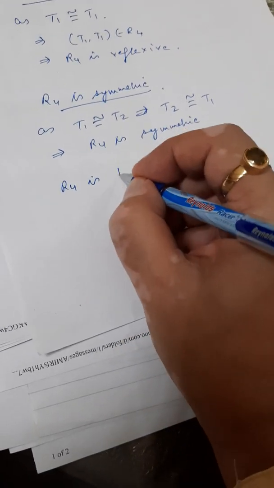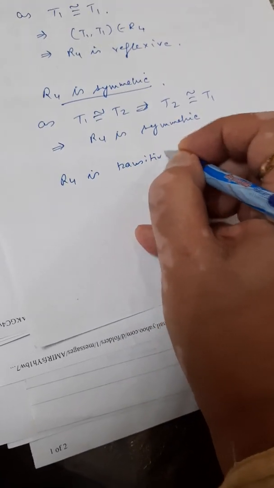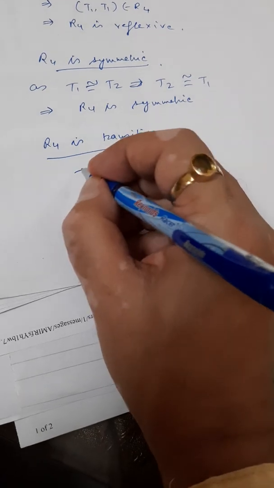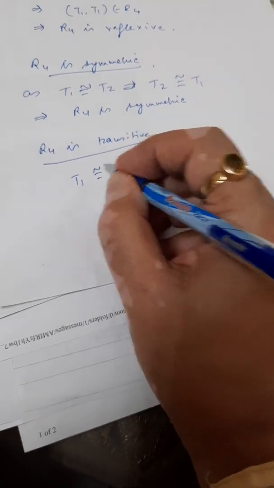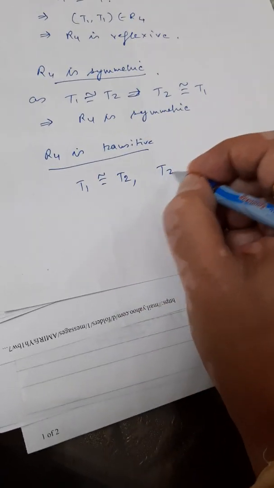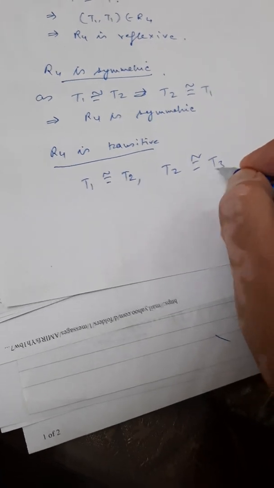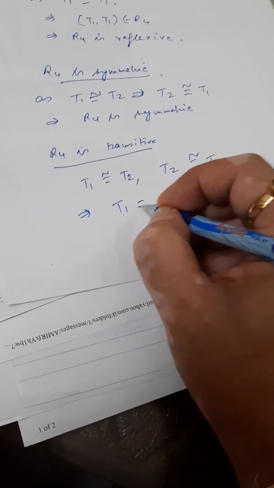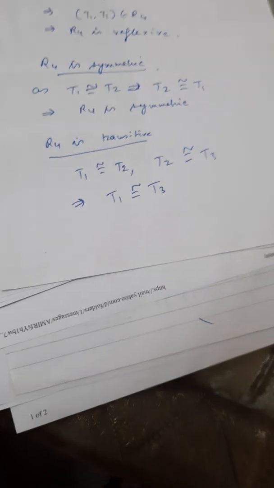Now R4 is transitive as T1 is congruent to T2, T2 is congruent to T3 implies T1 is congruent to T3.